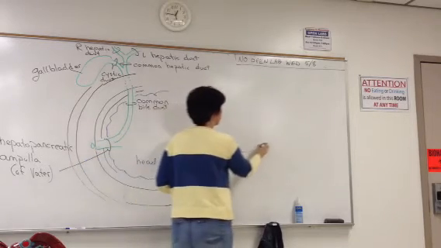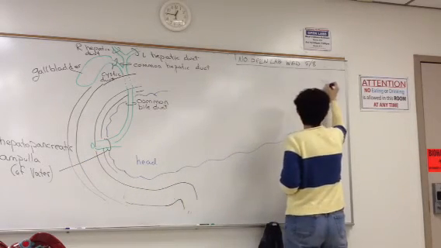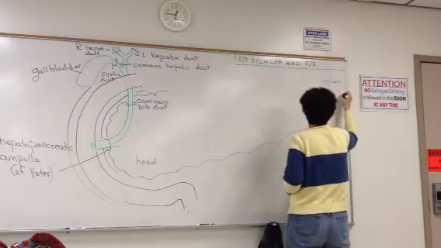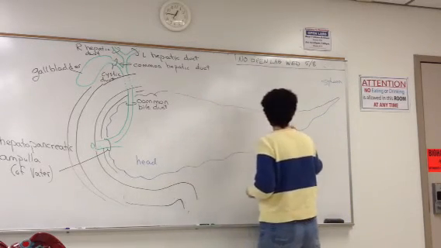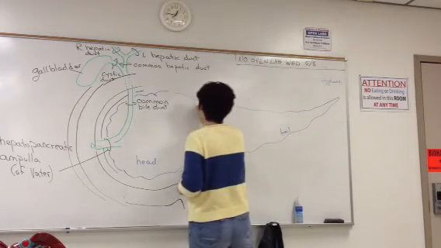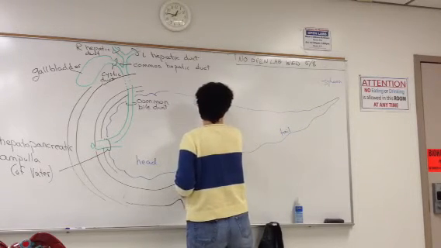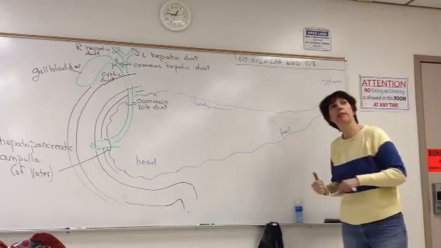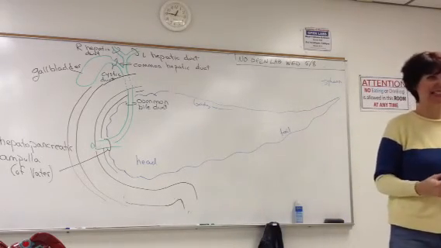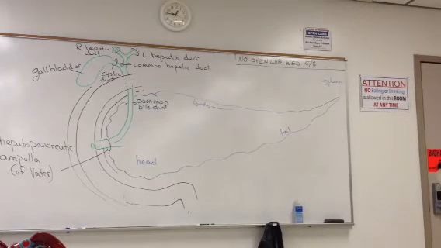And then the tail extends out towards the spleen. So this would be the tail. And in the middle we have the body. Our endocrine secretions obviously are going to go into the blood. The islet cells that we looked at way back at the beginning of the semester.